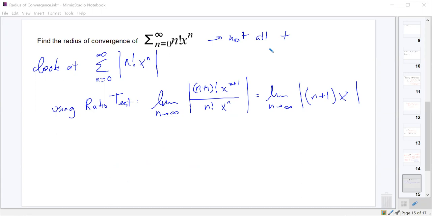All right, and so now the limit as n approaches infinity of this. Well, we have to think about when this limit is less than 1.